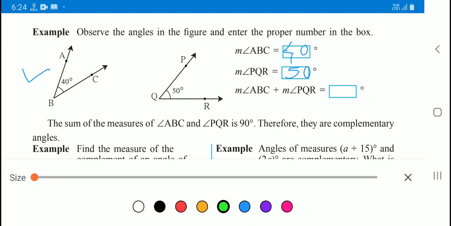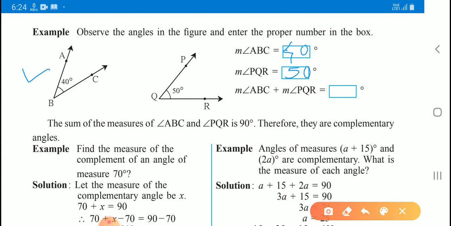If you add these two angles, what will you get? Measure of angle ABC plus measure of angle PQR is equal to how many degrees? 90 degrees. If the sum of the measures of angle ABC and PQR is 90 degrees, then they are complementary angles. So here angle ABC and angle PQR are known as complementary angles.